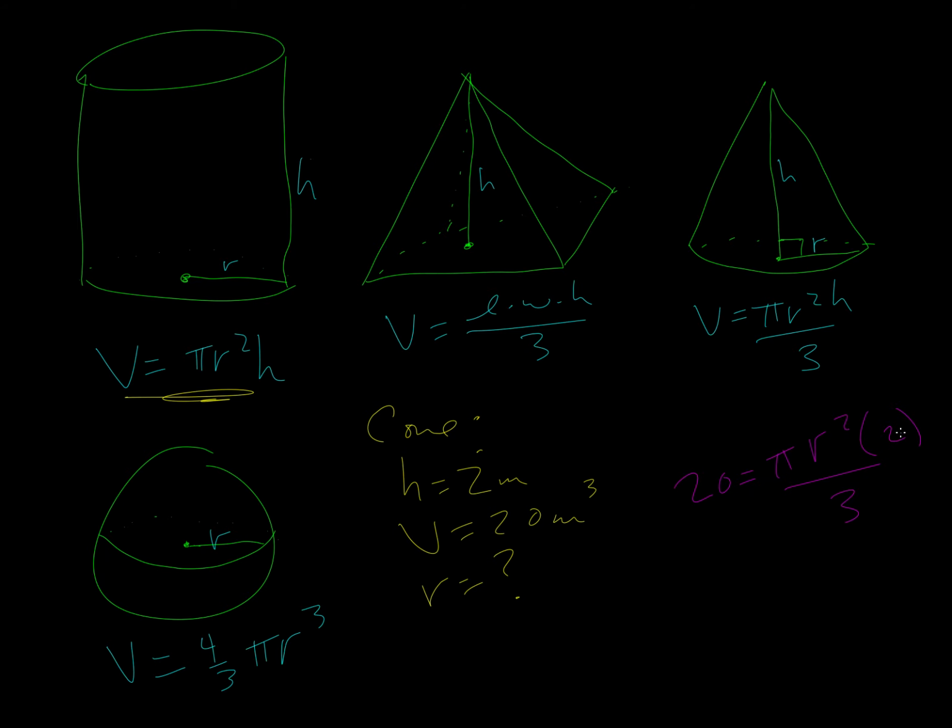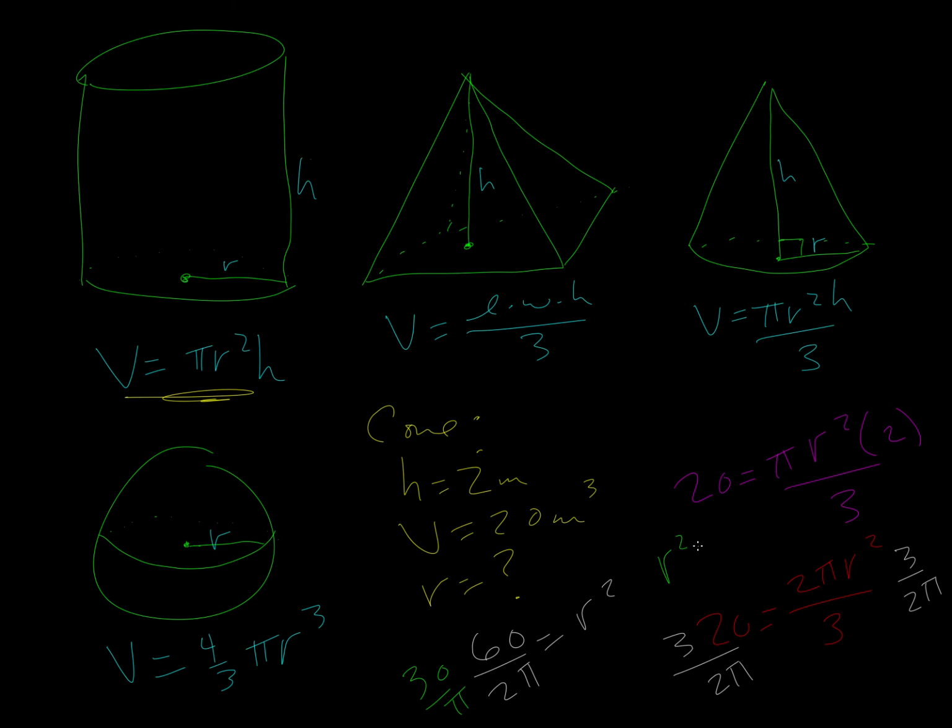If we multiply all the constants together, 2 times pi, we just get 2 pi r squared over 3. To get rid of that algebraically, we multiply by the reciprocal, 3 over 2 pi. So we get 60 over 2 pi equals r squared. I'm going to simplify that to 30 over pi, since 60 divided by 2 is 30.